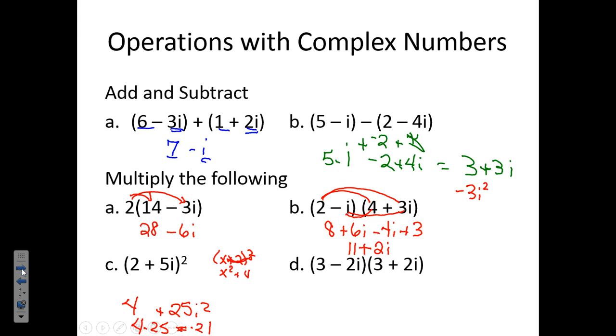So we have to write this as 2 plus 5i times itself. So we lost our outside and our inside terms. Outside gets me 10i, inside gets me 10i, so I will actually have a negative 21 plus 20i. Okay, so don't forget to FOIL that out.